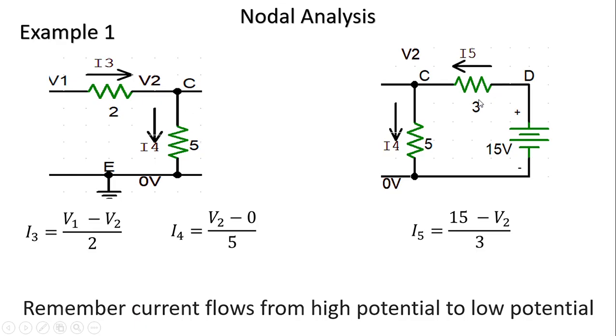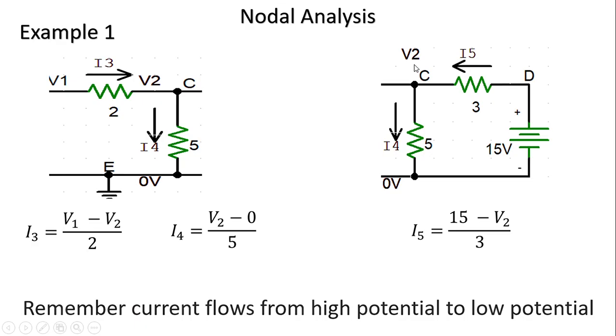Now I5 is flowing from D towards C, which means D is assumed as the high potential point and C as the low potential node. The voltage at D with respect to E is 15 volts, and the voltage at this point with respect to E is V2.